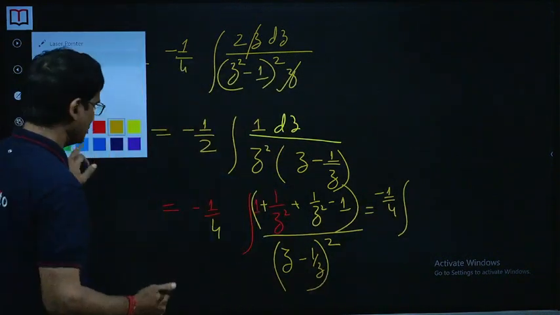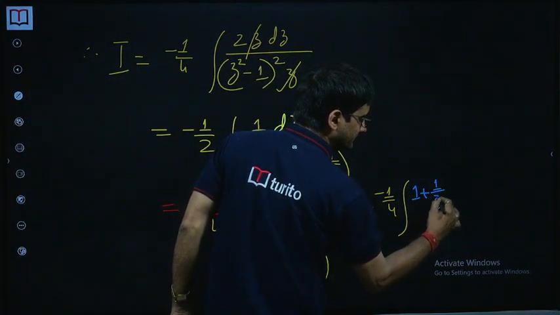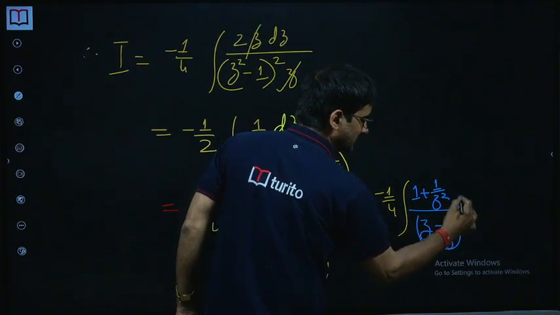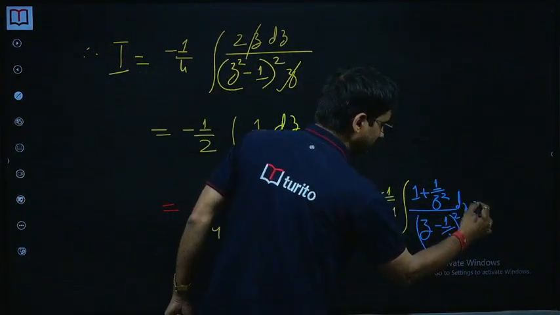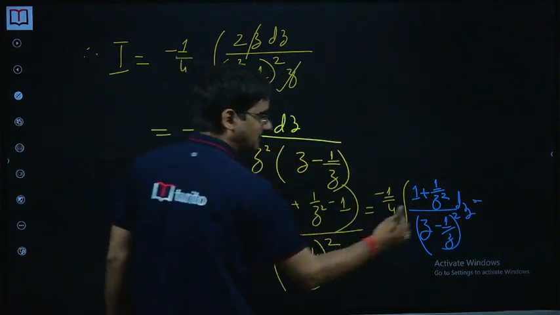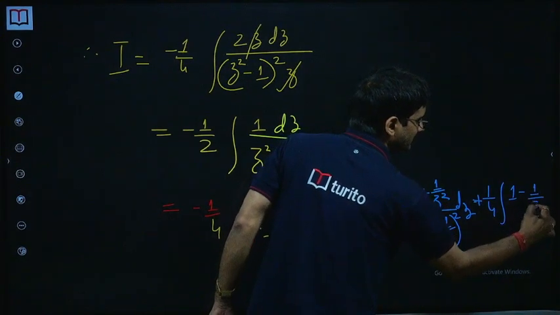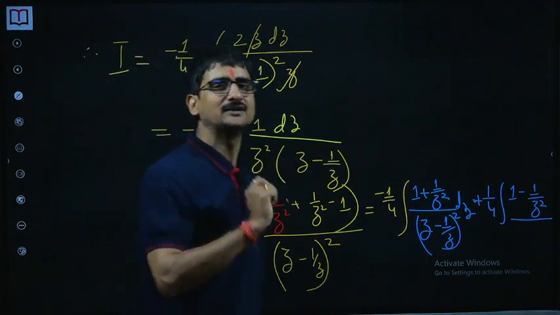and see its derivative. So its derivative is this one, so this one is sorted, z minus 1 by z whole square. Now for the second one you have minus 1 by 4, so if I take it as plus common, minus common, 1 by 4, 1 minus 1 by z square, but to have this as a derivative we need to have z plus 1 by z.